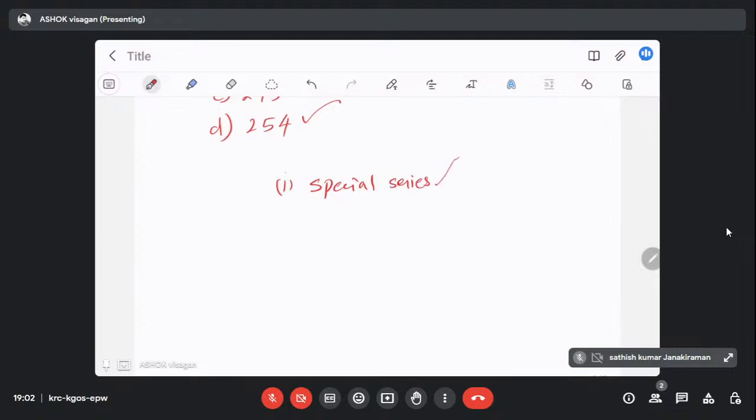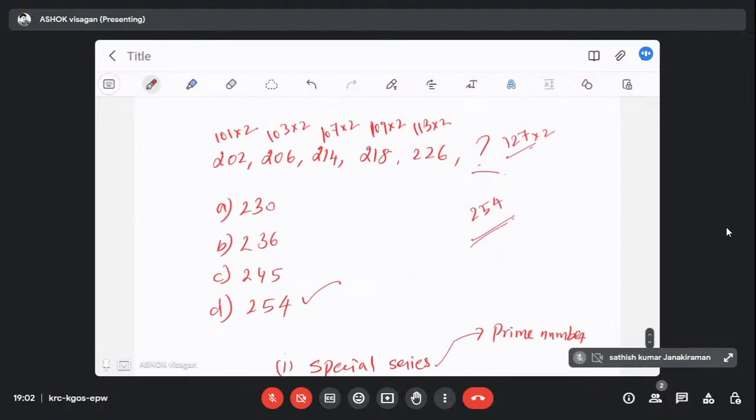Special series in the sense the question may be a prime number series. How to identify whether a number series is a prime number series? If the differences are very small, and you can't find any regular pattern from one number to another, and also the numbers are small, then it should be a prime number series. And there is a clue to identify a prime number, even though it is multiplied by 2.